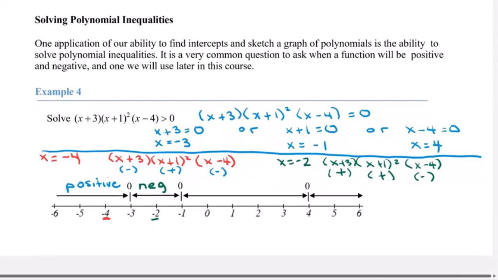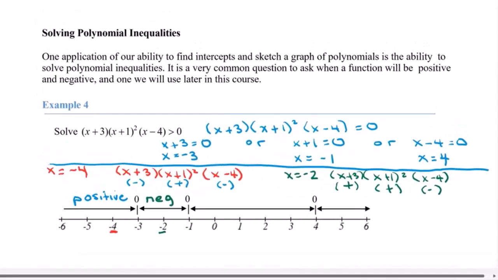Another number I'm going to plug in, and again, I'm going to try to pick easy values. This time, I'm just going to plug in 0. So when x equals 0, I have x plus 3 times x plus 1 squared times x minus 4. And this gives me a positive, always positive, and a negative. So again here, this is negative.